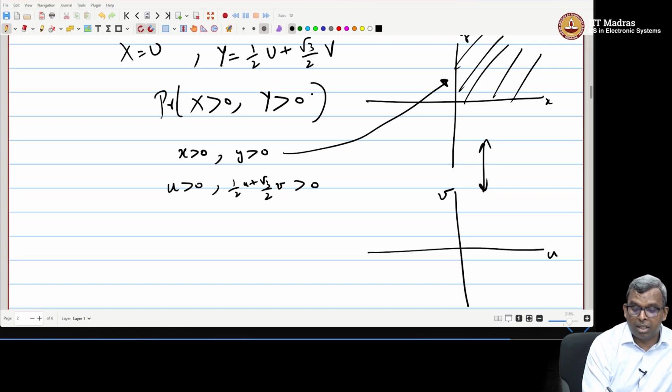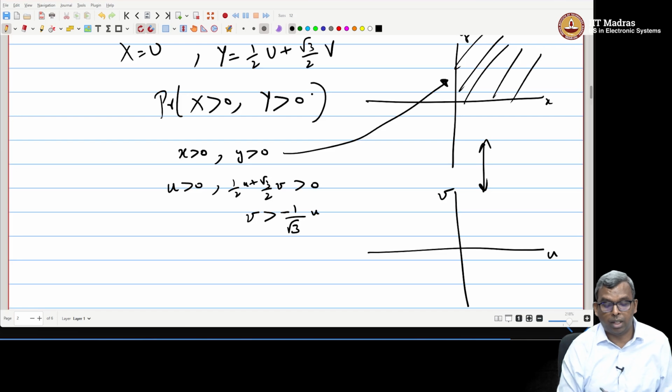So, this basically means V is greater than minus 1 by root 3 U. Okay. Is that all right? So, U greater than 0 is all this right hand side, and now for this you have to draw the line V equals minus 1 by root 3 U. So, where is V equal to minus 1 by root 3 U.